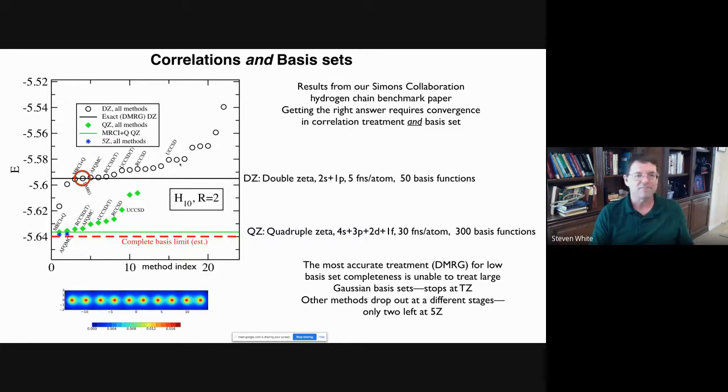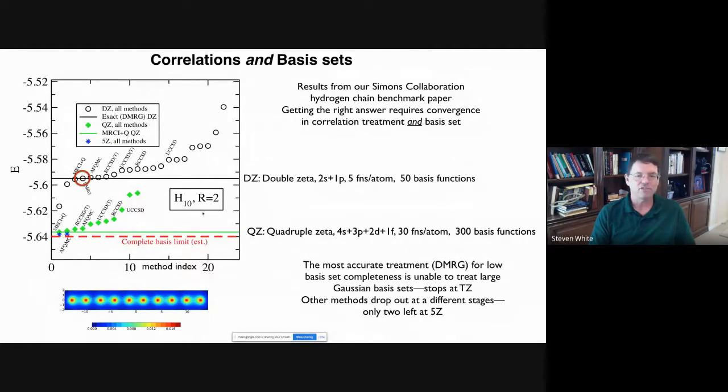50 basis functions. The most accurate was the DMRG, which was done by Garnet's group. And that set the benchmark, set the line. And you can see how the different methods converge to different accuracies relative to this method. But this is all at the double zeta level. I don't show triple zeta, but at quadruple zeta, the first thing you see is that there's a lot fewer methods.